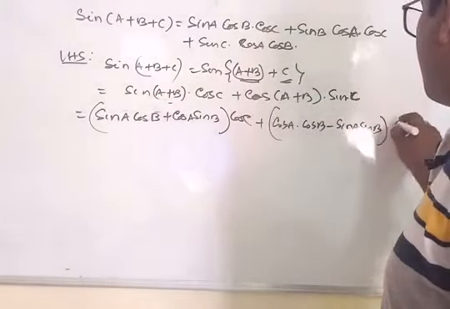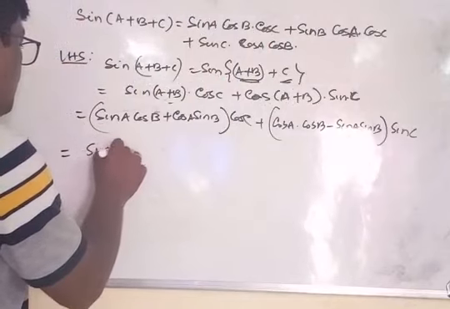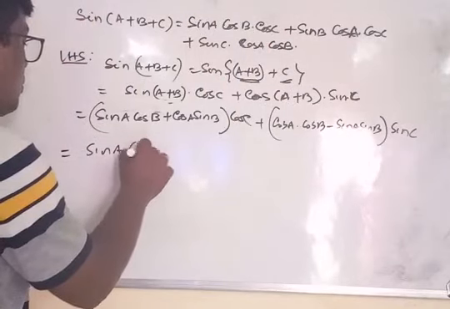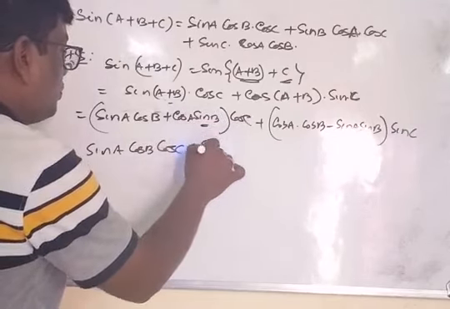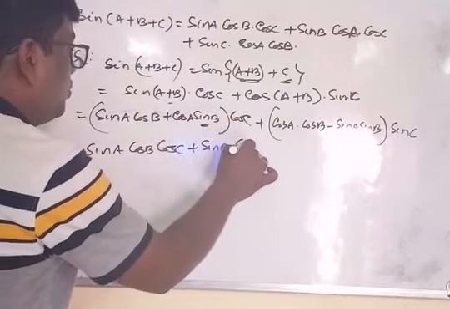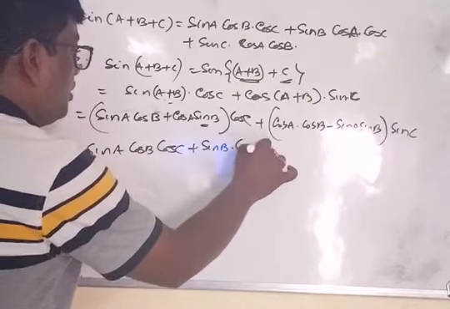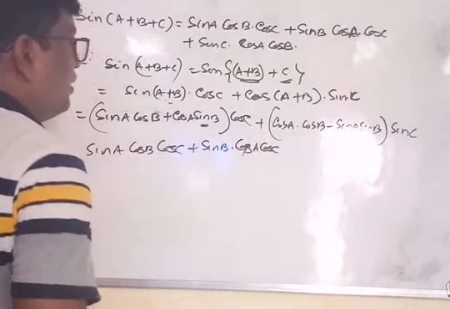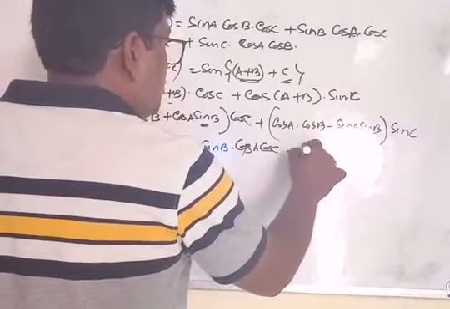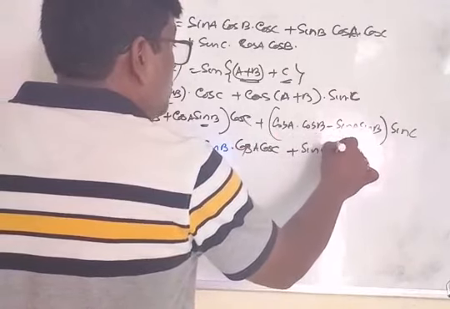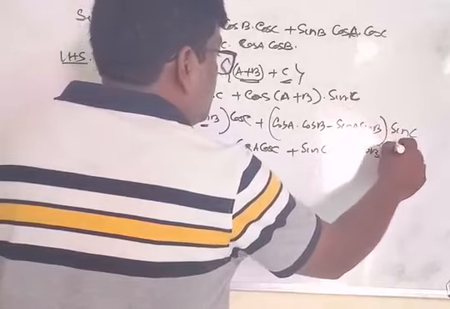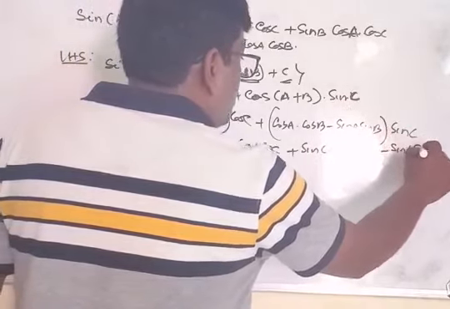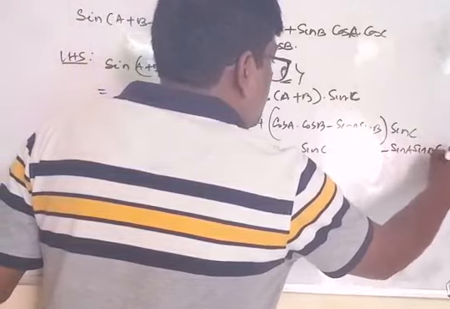Now multiply and write sin first. This is equal to sin a into cos b into cos c, then sin b into cos a into cos c, again multiply this, write sin first, so sin c into cos a into cos b, minus sin a into sin b into sin c.